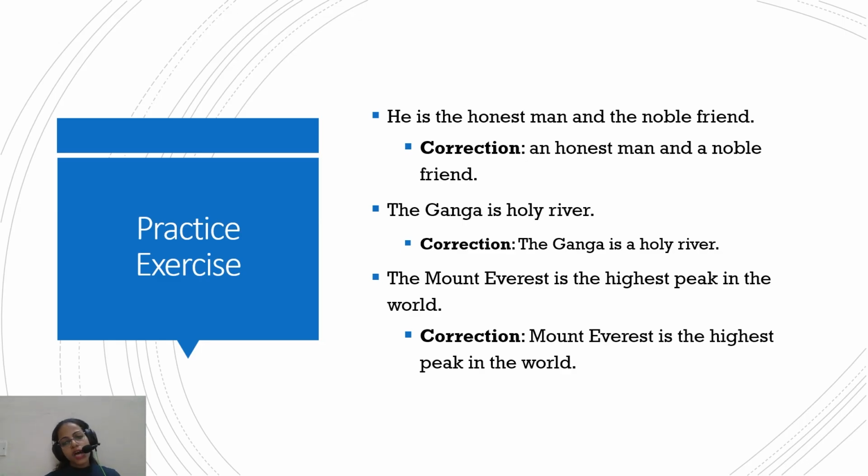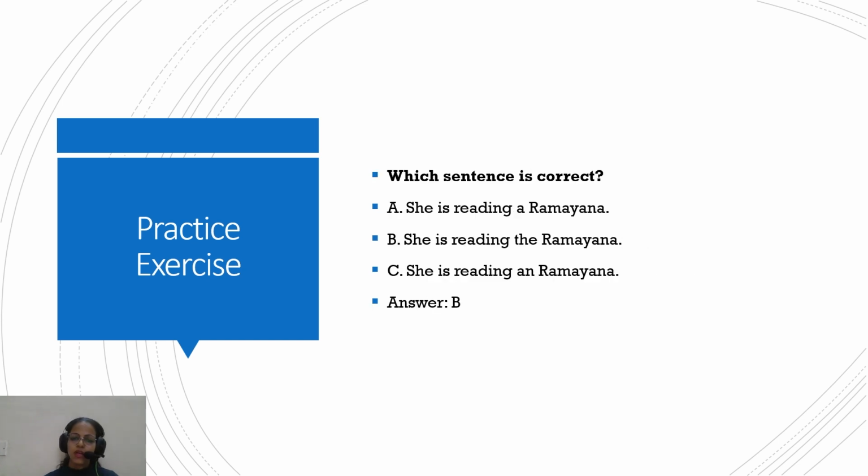The Mount Everest is the highest peak in the world. So we do not use articles before a proper noun, and Mount Everest is a peak and not a range of mountains. We discussed this. So Mount Everest is the highest peak in the world. Which of the following sentences is correct? She is reading a Ramayana, she is reading the Ramayana, she is reading an Ramayana.